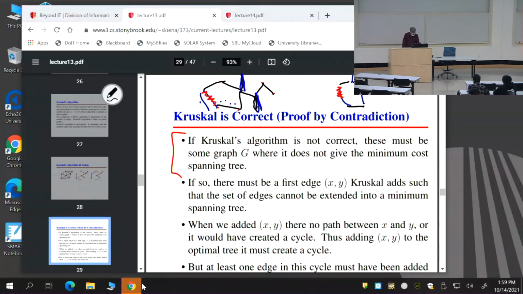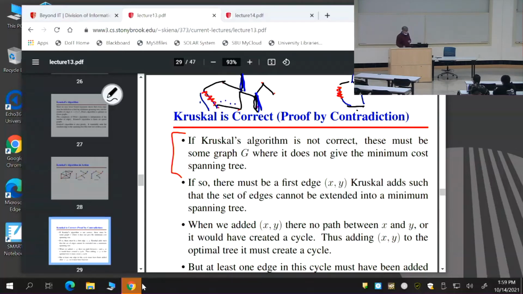Because these black edges would have been picked by Kruskal's algorithm after the red edge, right? Why would an edge be considered after the red edge by Kruskal's algorithm? Only if the weight was greater than or equal to the weight of the red edge.